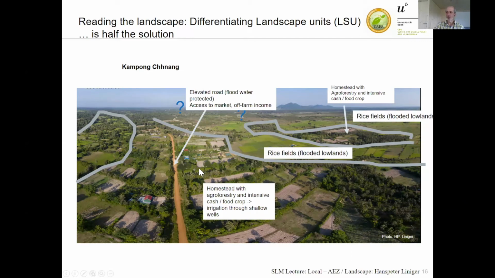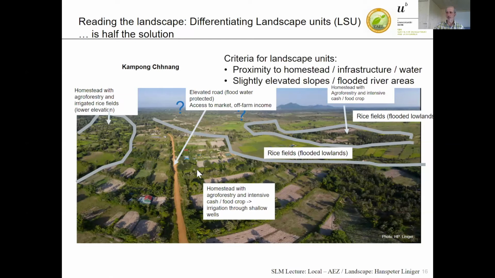So you see also here, when we started differentiating this area into these different landscapes, the search for solutions was completely different than before. And that's something that we introduced into a project here. Before, these considerations were not taken care of. And it really helped us in the analysis and the search for solutions.